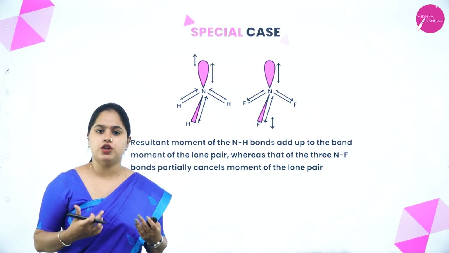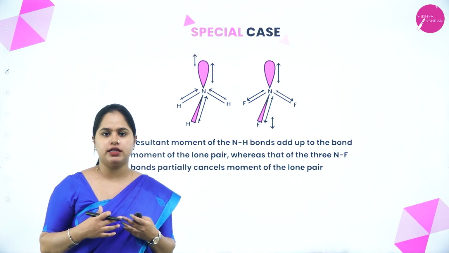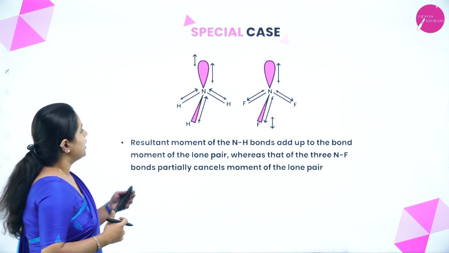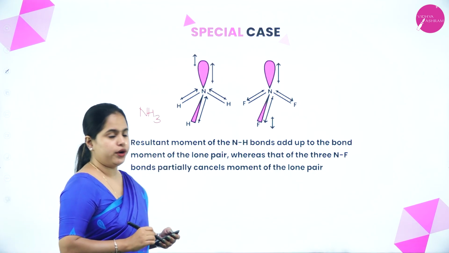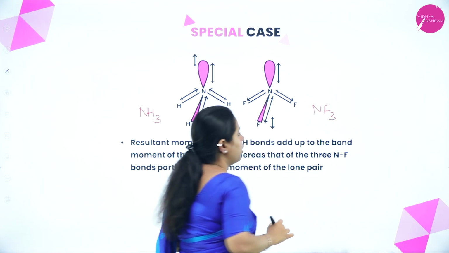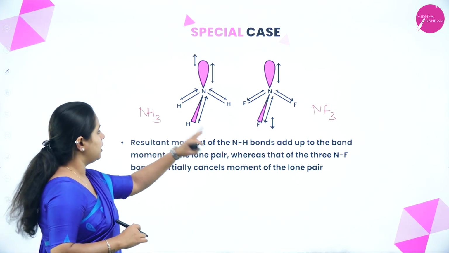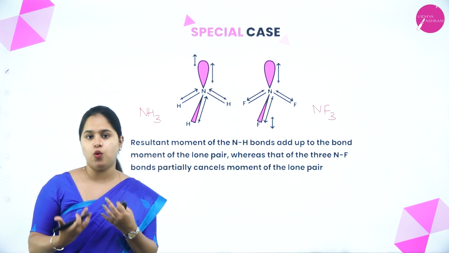Now moving on to an example which is a special case and of great importance. Here, the NH3 molecule, that is ammonia, and NF3 are present. Seeing the two molecules, NH3 and NF3, what can you predict?